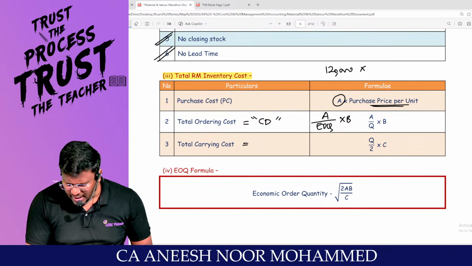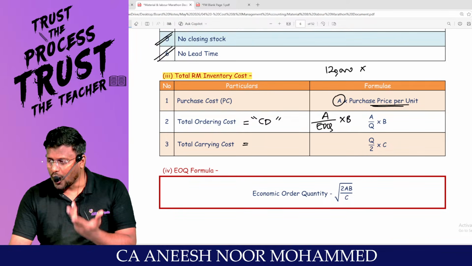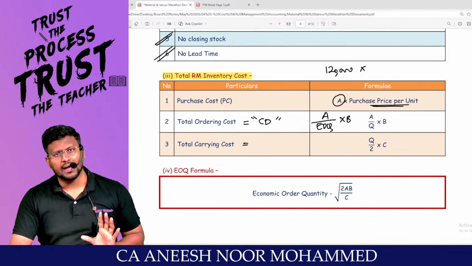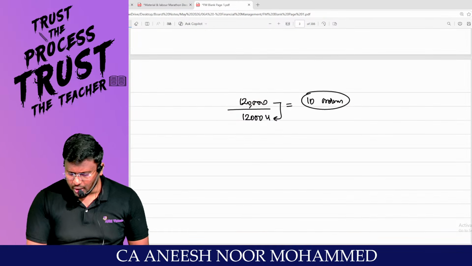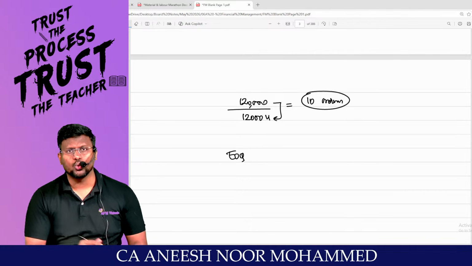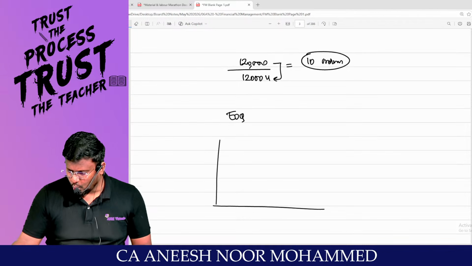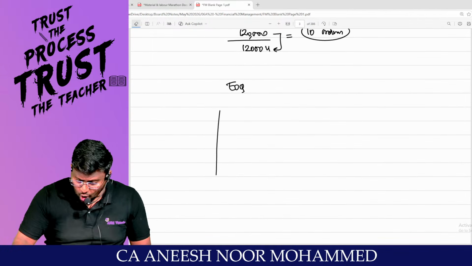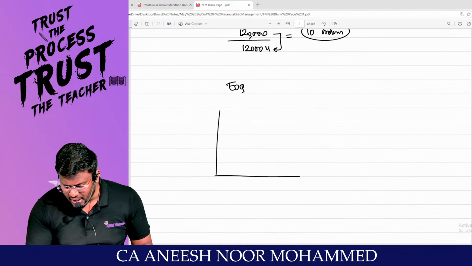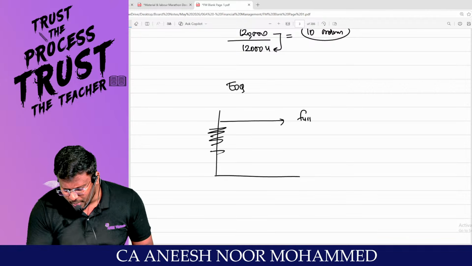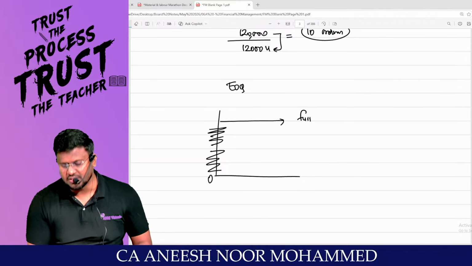With regard to carrying cost, what you order, that only you will carry. I am going to order only EOQ, economic order quantity. If this is my stores and I order the economic order quantity, initially my store will be full. Then I start consuming and it becomes zero.